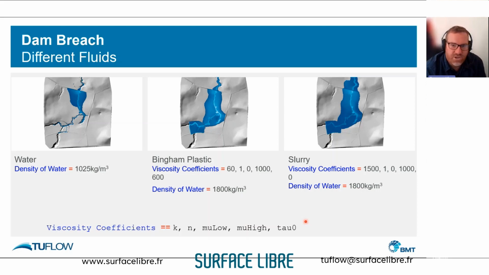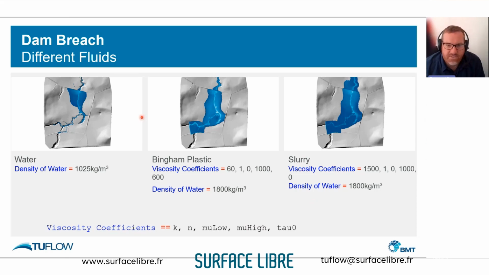TUFLOW uses the Herschel-Bulkley model, which is quite a flexible model. It allows the modeling of Newtonian fluids, non-Newtonian fluids, such as the Bingham plastic that we have there, and slurry. We can model a mixture of shear thinning and shear thickening fluids, and we can change the various densities associated with that as well.